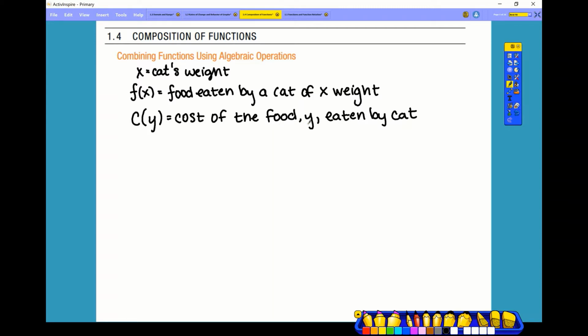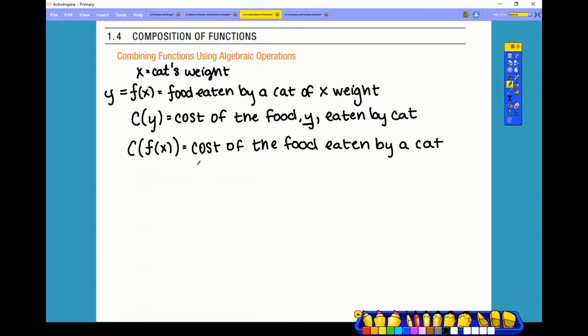Well, so this food, Y, tells me how much food it's going to eat. So if I know that f of x is also equal to how much food it's going to eat, then I know that this is equal to the cost of the food eaten by a cat of x weight. And that's what this means.